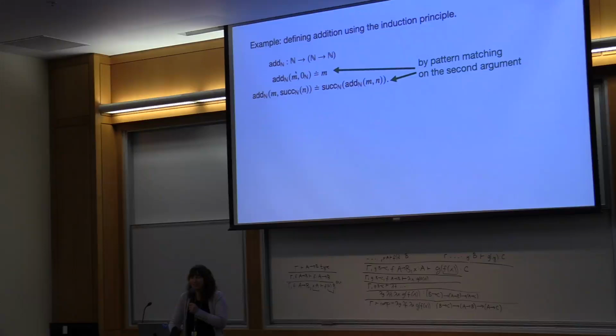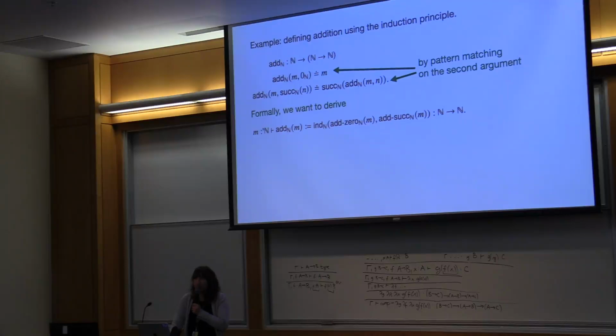And now let's formally derive it using this induction principle, okay? So formally we want to derive this function, and because it's induction on the second argument, the first argument m is fixed, it's in the context.